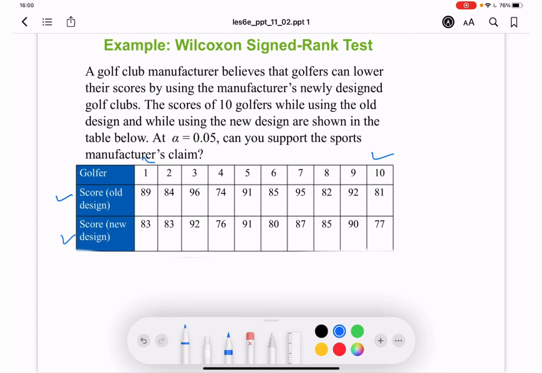Alpha is equal to 0.05. Can you support the manufacturer's claim that golfers can lower their scores by using the newly designed golf club? So they believe that it can lower their scores.